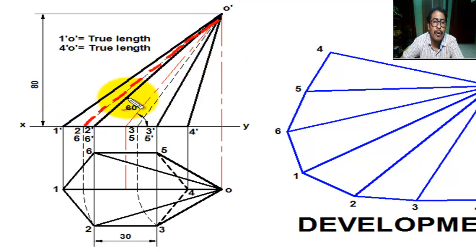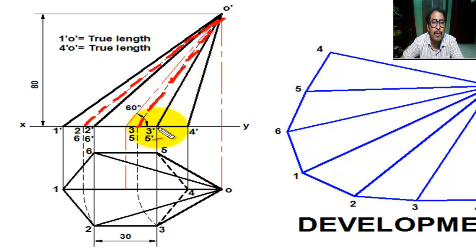This is the true length of 2 dash O dash and 6 dash O dash. Similarly, join 3 to O dash or 5 to O dash, same line.